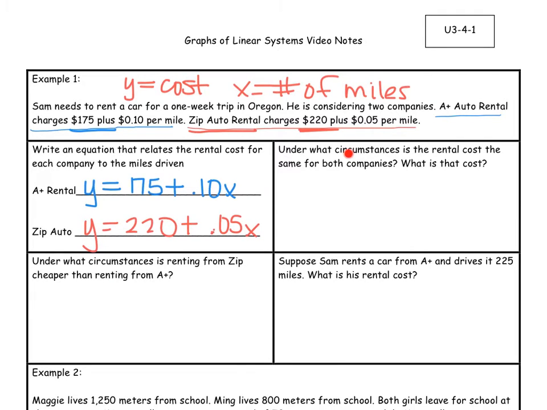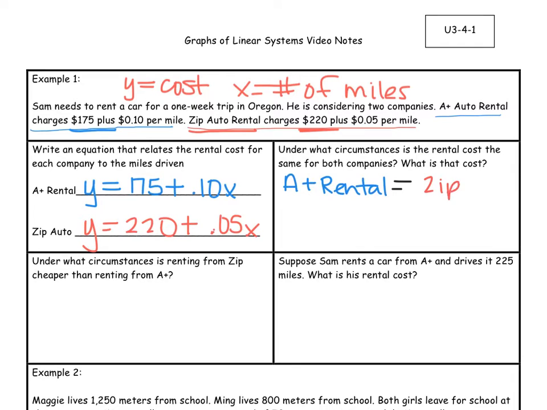Okay, so let's take a look at part 2 of this word problem. Under what circumstances is the rental cost the same for both companies? And so what the question is asking is, when is A Plus rental the same as Zip Auto?